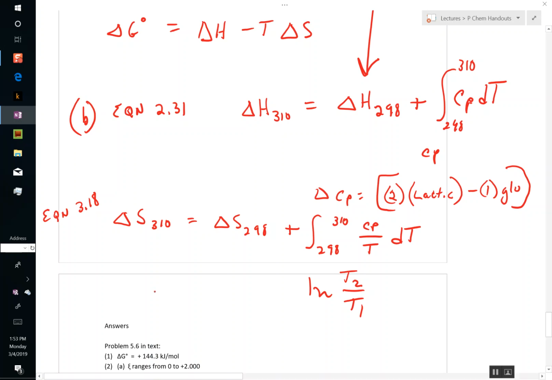So delta S at 310 is going to equal delta S at 298 plus, again, your delta CP times the natural log of T2 over T1. So Ryan, the T2 would be the 310. Okay?